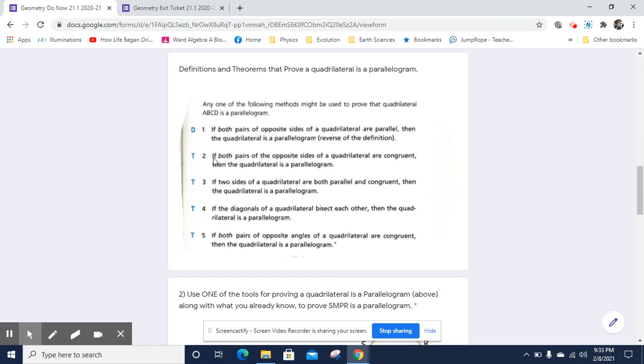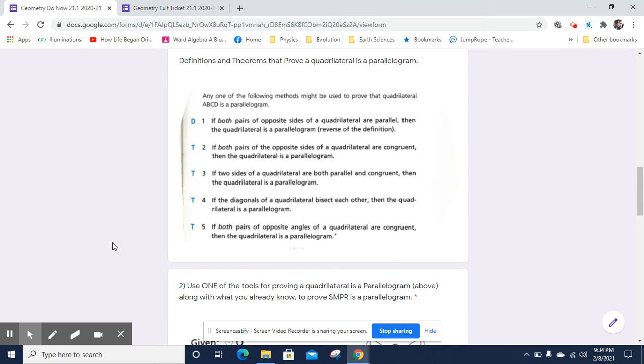That's a reverse of the definition of a parallelogram. If both pairs of opposite sides of the quadrilateral are congruent, then the quadrilateral is a parallelogram. If two sides of the quadrilateral are both parallel and congruent, then it's a parallelogram too. And if the diagonals of a quadrilateral bisect each other, then the quadrilateral is a parallelogram. And then finally, this one is apparently fairly hard to prove, but will be needed in Chapter 7: if both pairs of opposite angles of a quadrilateral are congruent, then the quadrilateral is a parallelogram.